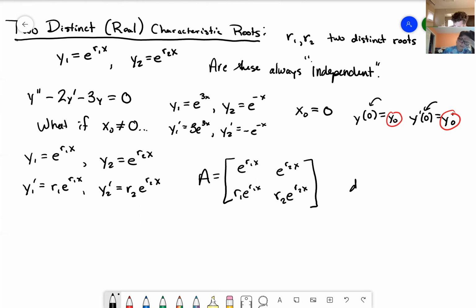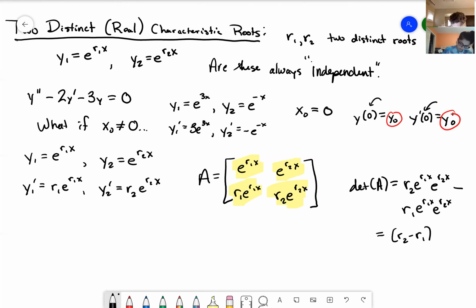And then the Wronskian will be the determinant of A, which will be this entry times this entry, so r2 e to the r1x e to the r2x, minus this entry times this entry, so r1 e to the r1x times e to the r2x. And this can be rewritten as r2 minus r1 times, factoring out e to the r1x times e to the r2x, which we can rewrite as e to the (r1 plus r2)x.